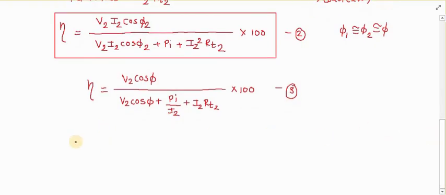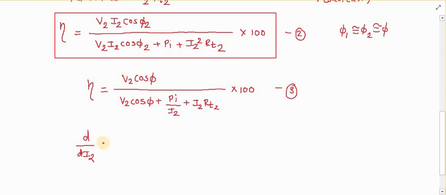If I equate the derivative of the above expression with respect to I2 to 0, I will equate the derivative of the denominator to 0.